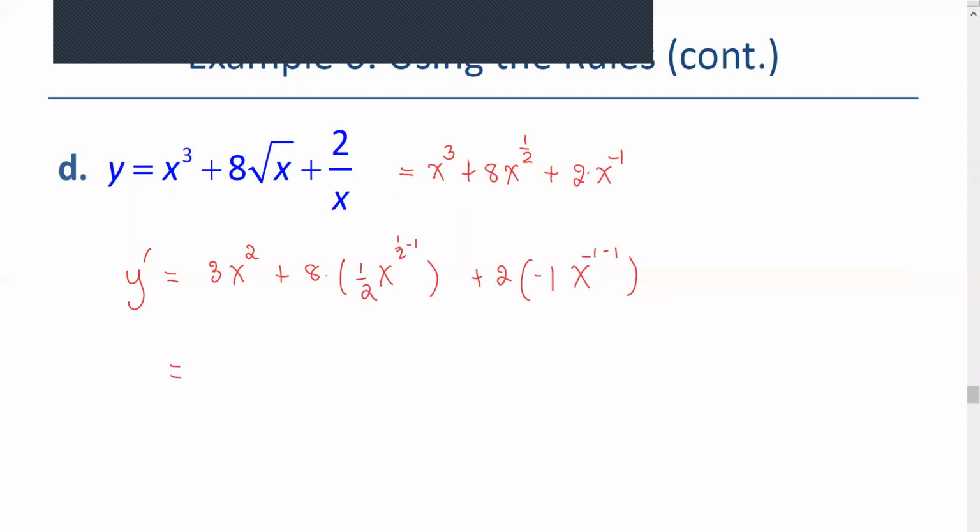And then simplify to get 3x squared plus 4, because 2 and 8 reduce, times x to the negative 1/2 minus 2 times x to the negative second. And we can also write it in the positive power form, which is 3x squared plus 4 divided by x to the power 1/2 minus 2 over x to the second.